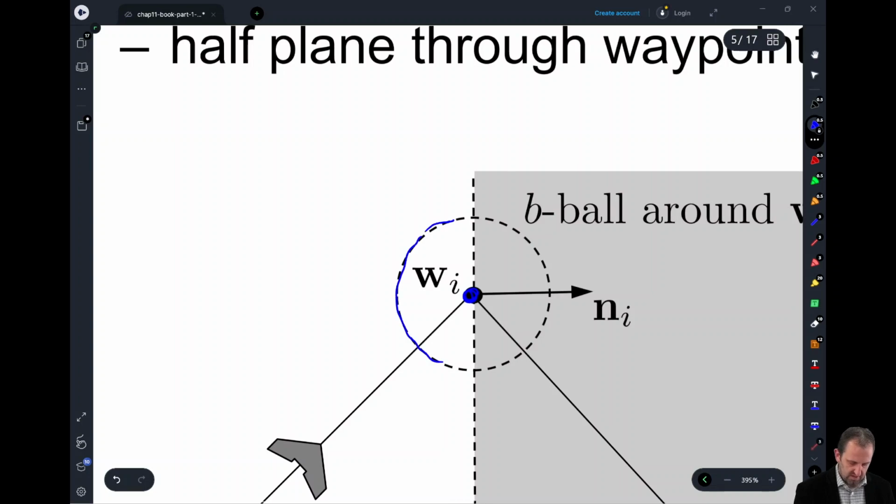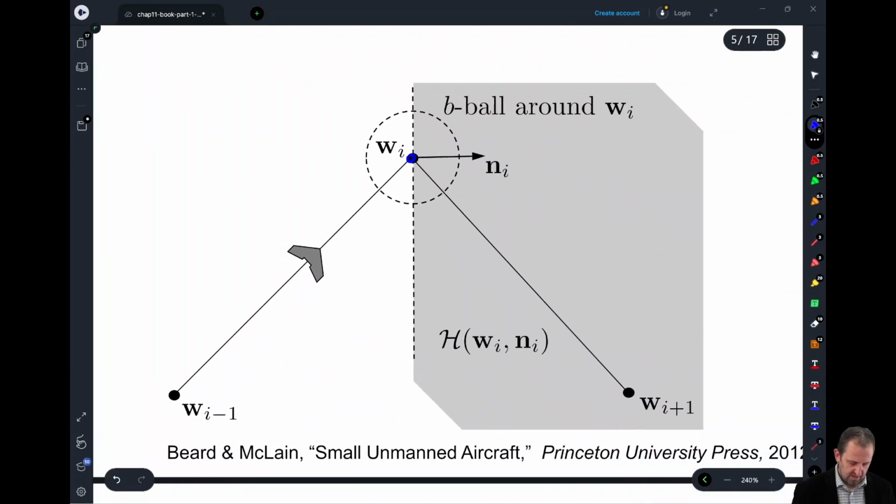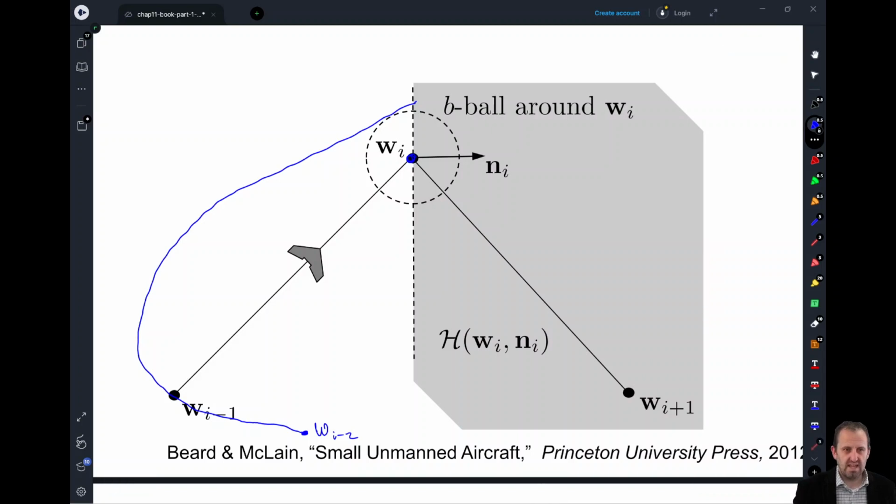It's depicted as a circle, but in 3 dimensions, it's going to be a ball. So we're saying once our distance is within a certain radius of the next waypoint, let's switch. But that has problems. If you had a really strange waypoint here, say waypoint W_{i-2}, the aircraft might hit that waypoint and not switch, maybe has slow convergence, and it's possible that it misses that ball entirely.